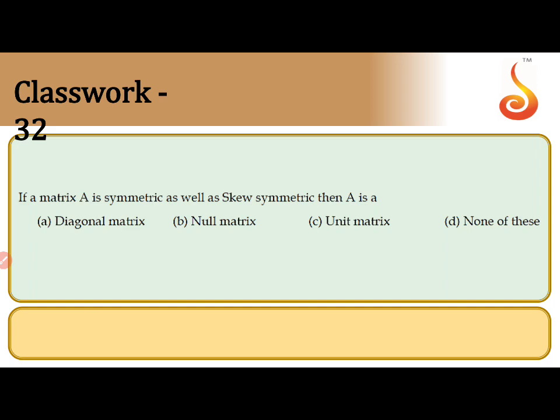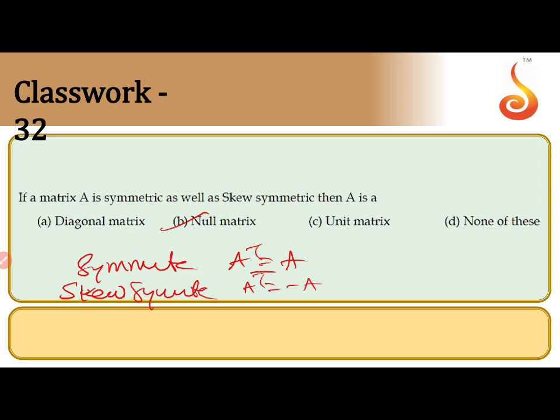So a matrix A is symmetric as well as skew symmetric. Then A is a matrix which is symmetric and skew symmetric. The only possibility is the null matrix. What is symmetric? A transpose equal to A. What is skew symmetric? A transpose equal to minus A. So this is valid only for A being the null matrix, because 0 has no minus, no plus.